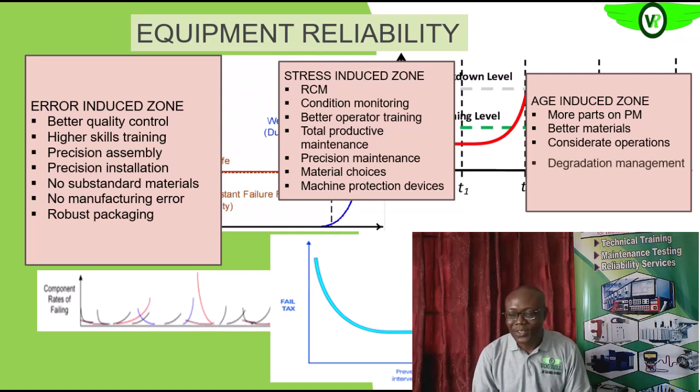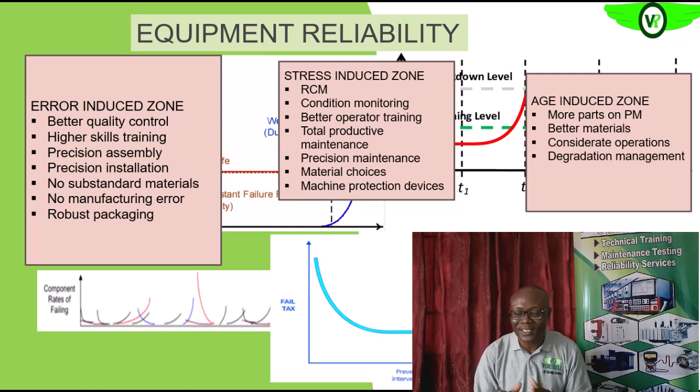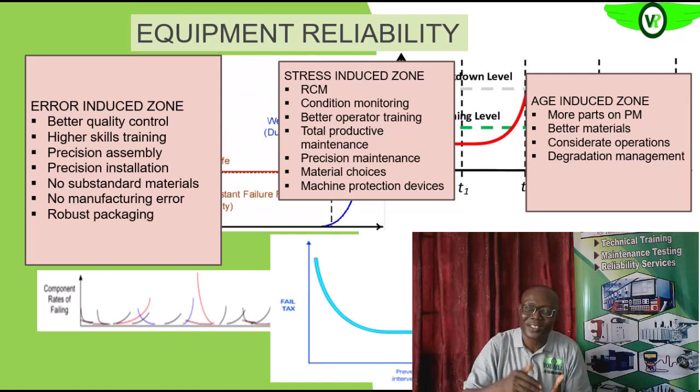We also want to manage the degradation. One of the things that we can do is to increase the rate of our condition monitoring on the asset or the component of the asset. As we increase the frequency of condition monitoring, that will help us to see when the equipment or the component is actually entering that wear out region, since that time interval has shrunk because of the age of the equipment.